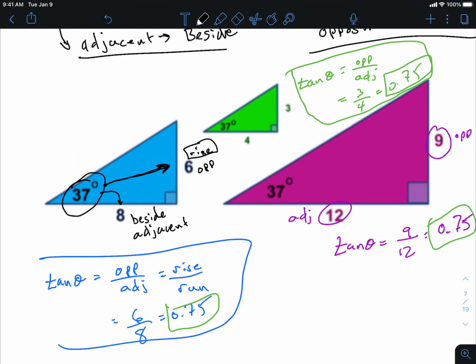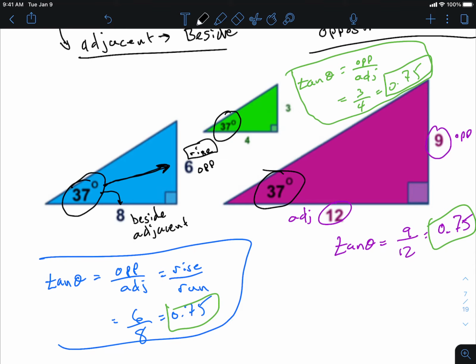Same angle. Same angle. Same angle. All of these are 37 degrees. What is an angle? An angle is a measure of how steep something is, right?